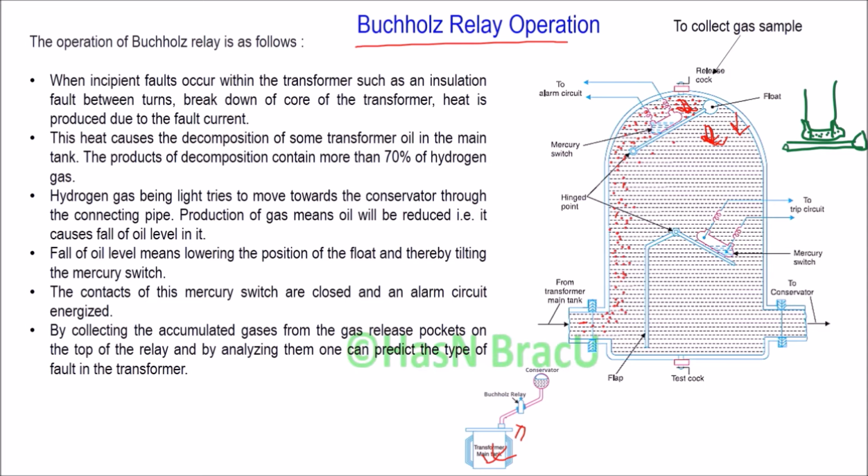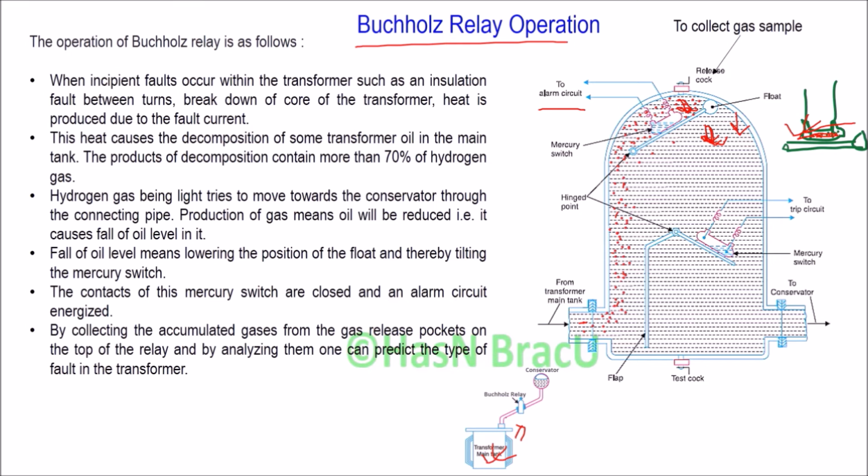And if this float is moving downward, this means the mercury switch will be tilted like this. Due to the tilting of mercury switch, the liquid metal inside the mercury switch connects the electrode and therefore the circuit is complete and the alarm circuit is energized. So due to this tripping of alarm circuit, the alarm will sound and necessary action can be taken further.